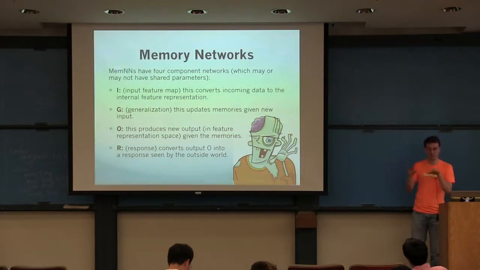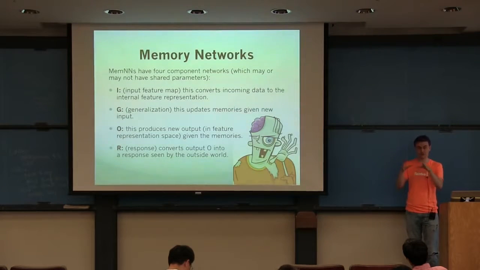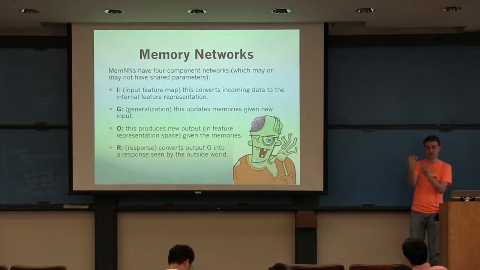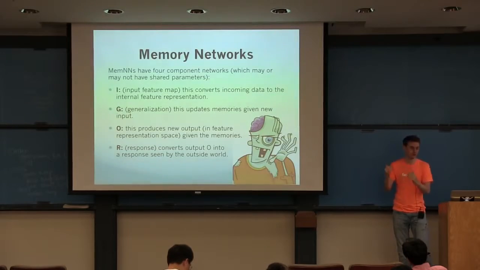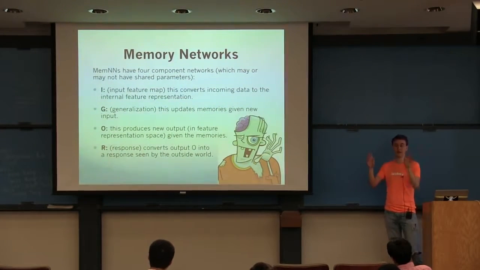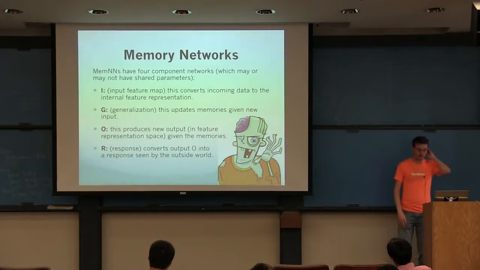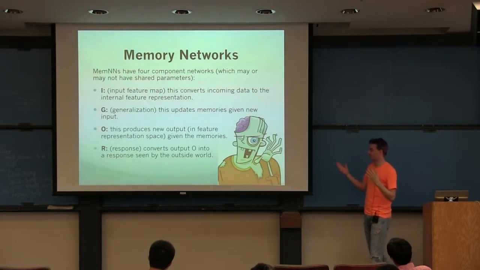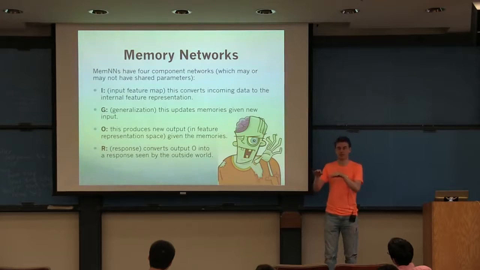So in the next component, whichever you choose, the G component is allowed to take the input representation you've built and update the RAM, the memory. So basically in this G stage, we call it generalization, you're allowed to write to the memory.